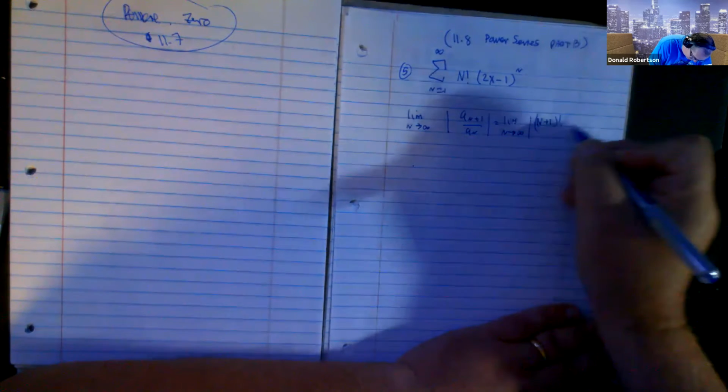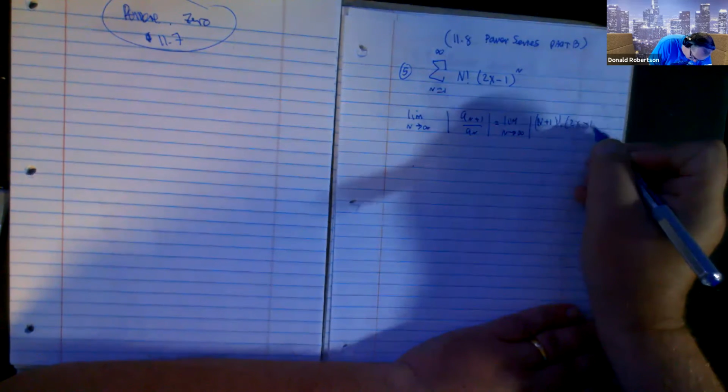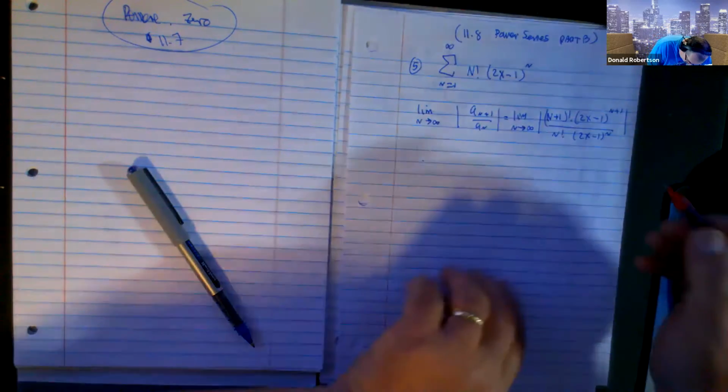So it's going to be the limit as n tends to infinity of (n plus 1) factorial, (2x minus 1) to the power of n plus 1, and on the bottom, n factorial and (2x minus 1) to n. Now the cancelling is not that big a deal, actually.